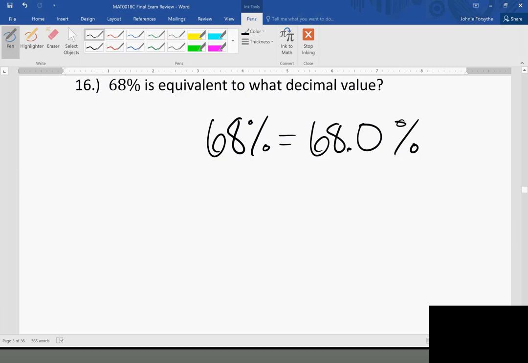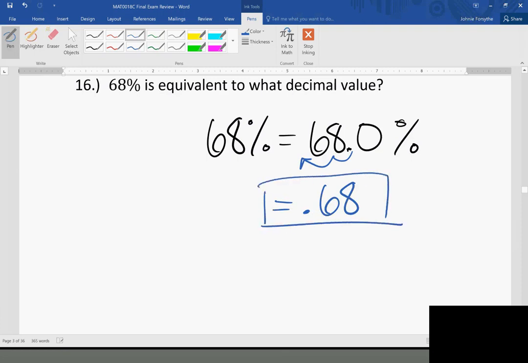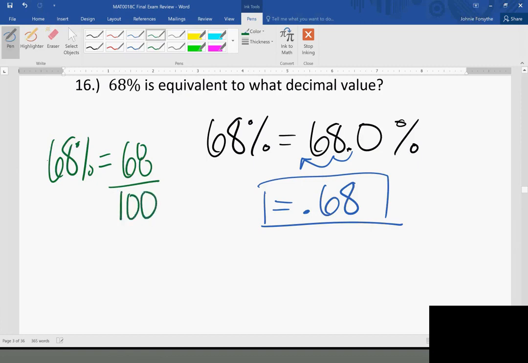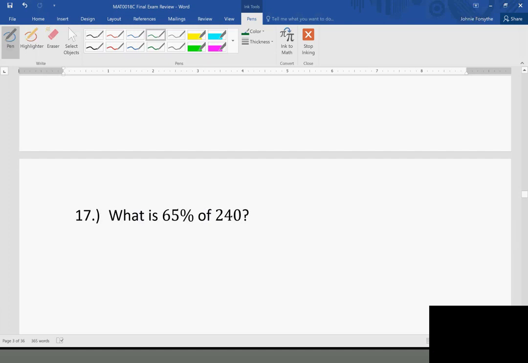So to change a percent to a decimal, you could just move the decimal 2 places to the left, and we get 0.68. So that would be your answer. Another way would be to take the 68%, that equals 68 over 100, and then actually divide that, okay, which will give you 0.68.